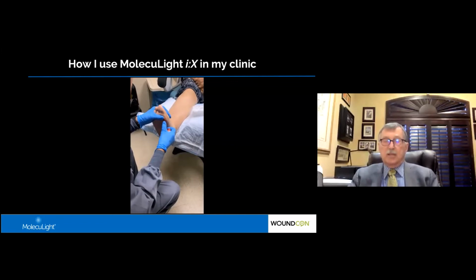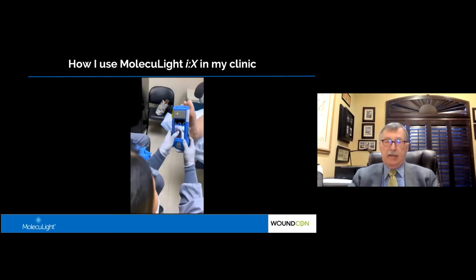Our policy is that when we're doing total contact casts, each time they come back for their weekly cast change, we again are able to image that wound, make sure the wound is free of bacteria, and then proceed with the appropriate dressing and the replacement of the total contact cast.